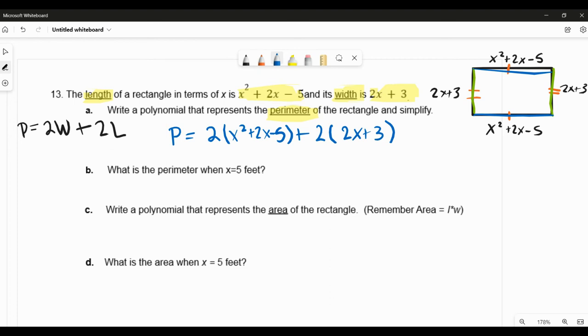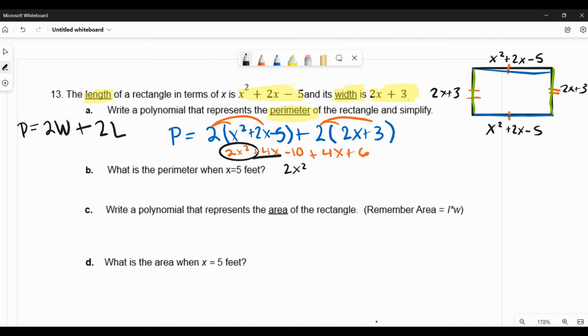Now, I'm not quite done yet because I can simplify this for sure. I can simplify by distributing. I can distribute that 2 into that parentheses and that 2 into that parentheses. That's going to give me 2x squared plus 4x minus 10. And again, since this is an addition problem, we can just keep going. Plus 4x plus 6. Now it's time to pull out our addition combining like terms skills. 2x squared is all by itself, so I just bring that down.